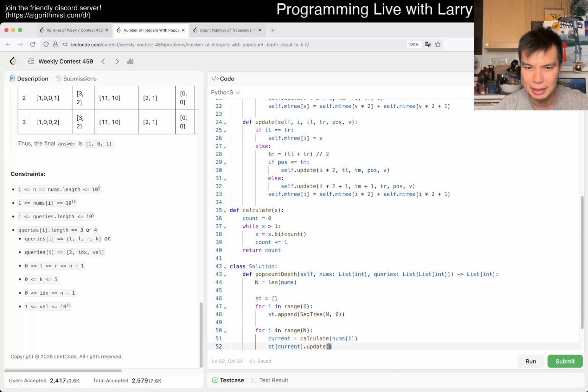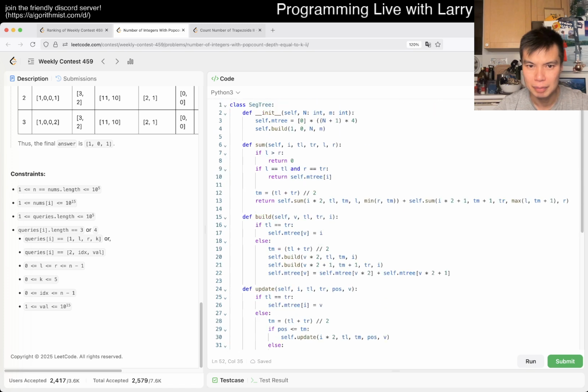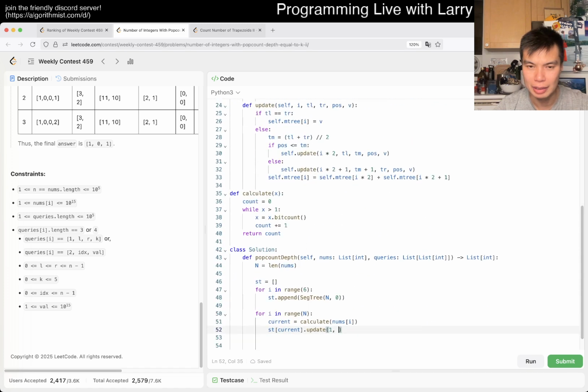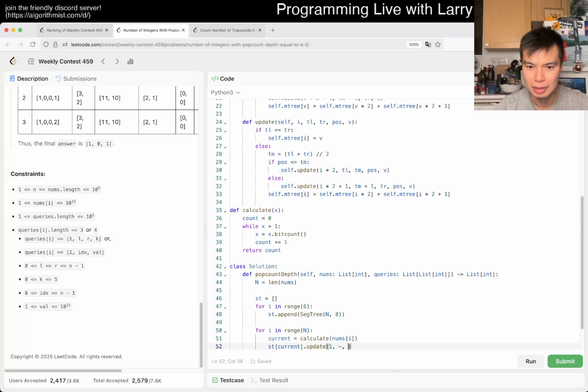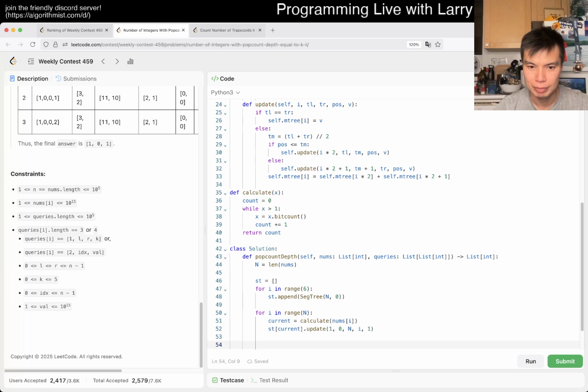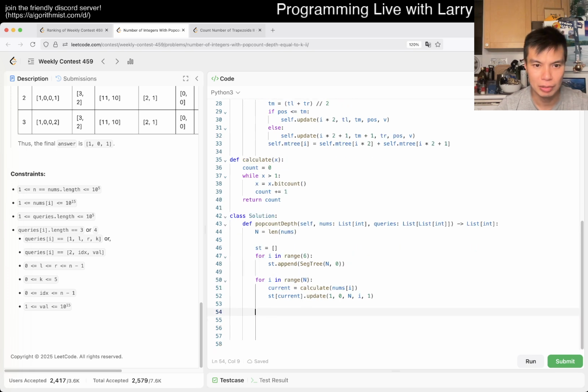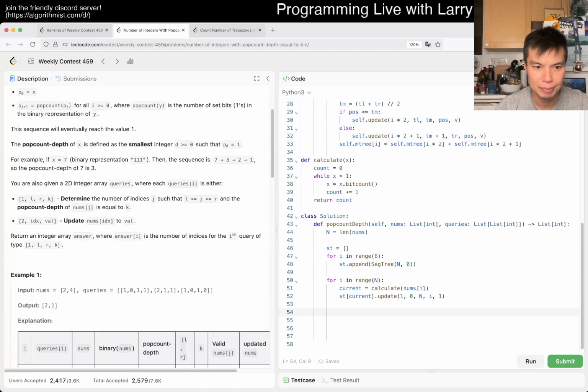This is 1 based, and it's just 1 and n. I forget if it's 1 and n or 0 to n. Okay, 0 n maybe. And then the position of i, and we want to set it to 1. Otherwise, it's just 0, right? Okay. And then now we go over the queries.